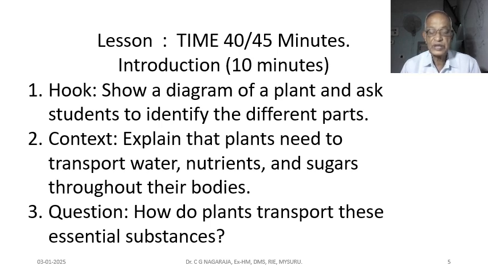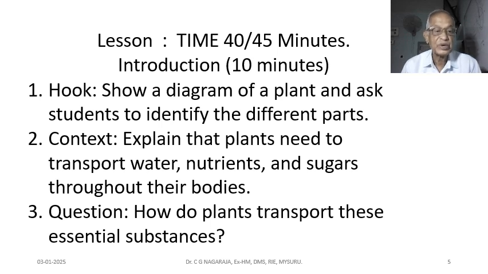Then context, explain that plants need to transport water, nutrients and sugars throughout their bodies. If they identify roots, stem, leaves, flowers and all these parts, they require water, nutrients and sugars throughout their bodies for growth.